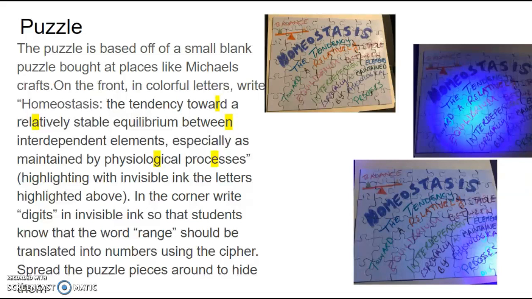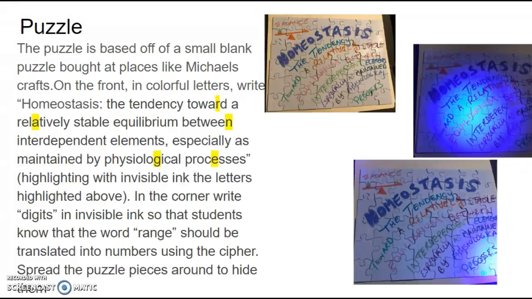And this means that these letters are going to clue into the 5-digit lock that you're going to have to purchase elsewhere. Also, in the bottom corner, I wrote digits in invisible ink, and that clued my students into the fact that we're not using letters here, we're using numbers. So they realized they had to translate the letters into numbers so they could get their number lock.